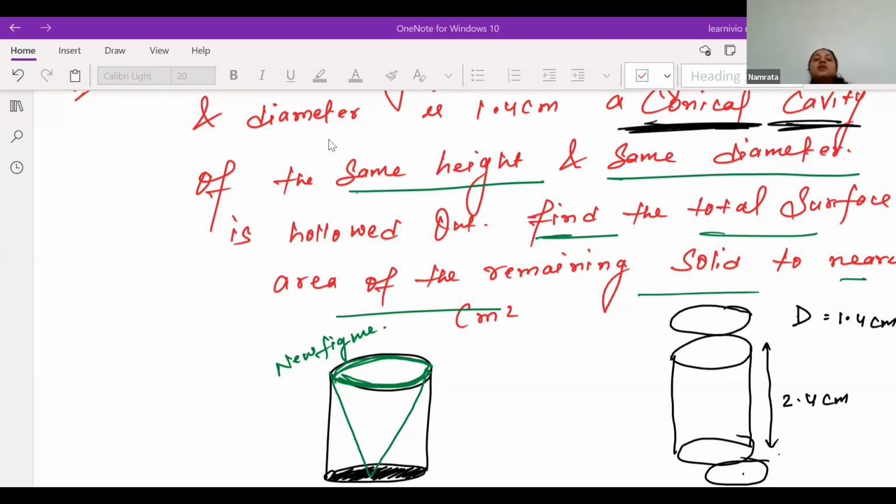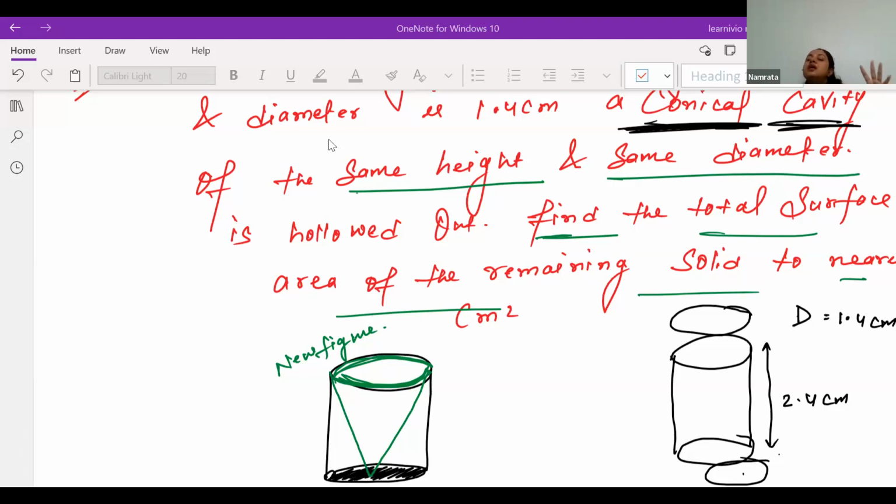So how will you understand what surface area to take? The surface which you will be able to touch, each and every such surface's area you have to take out for finding the complete surface area of this new figure.